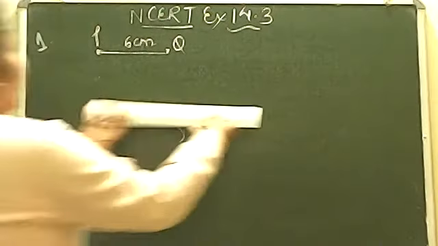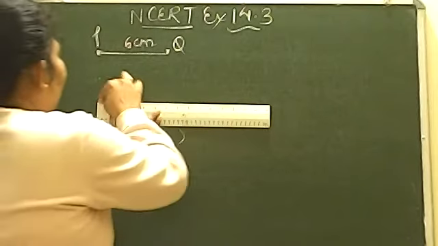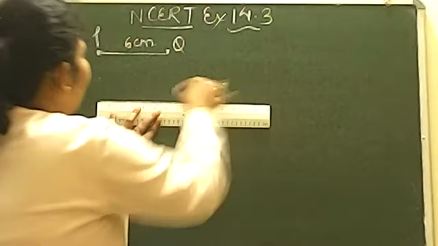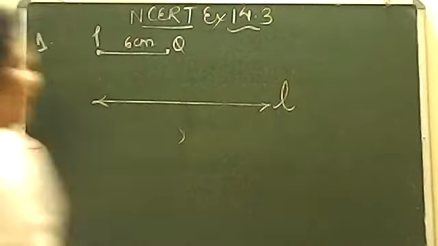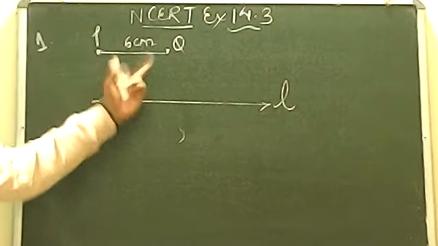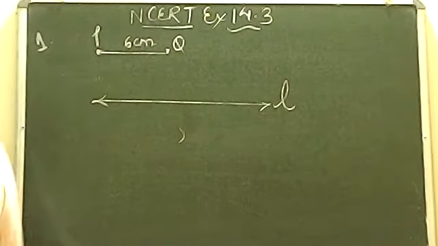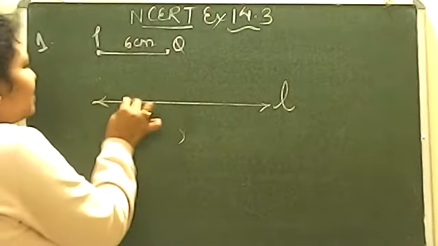Again we will draw a line of any length, a little longer. We will give the name L to it. Now the name was PQ, so this time the name should not be PQ. The name should be something different. So I am taking XY this time.